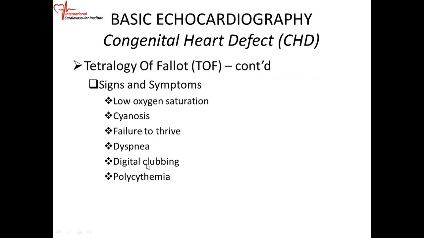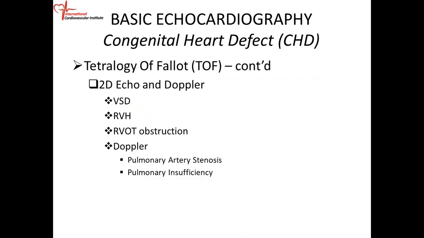Digital clubbing because of the low oxygen saturation as well. And then polycythemia also results from the low oxygen saturation. Polycythemia is just an increase in your red blood cell count, which is driven by the low oxygen saturation.